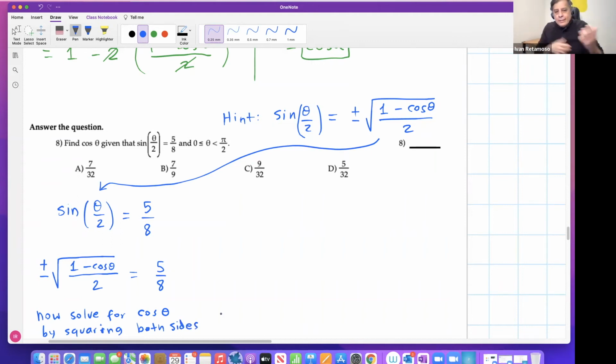Square both sides and then get rid of the radical, get rid of the plus minus, and then solve for cosine of theta. Yes, a little tricky, this problem. A little bit long, but let's do it. I think it will help you in your homework and also on the exams, the third exam and final exam. Yeah, great.